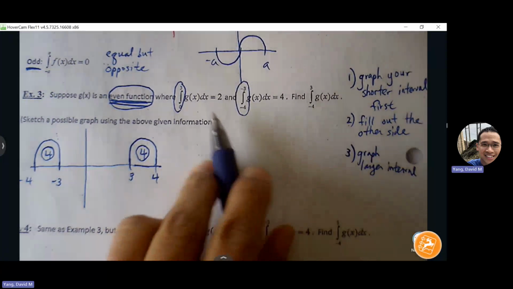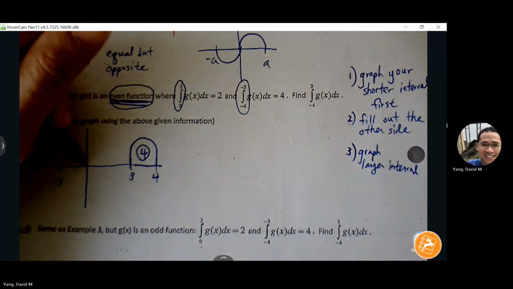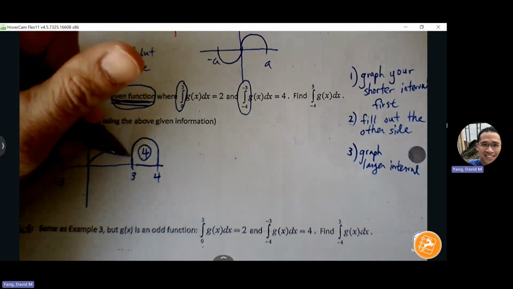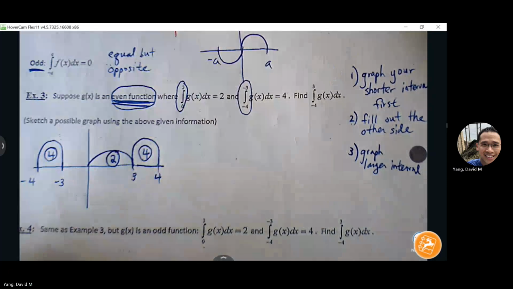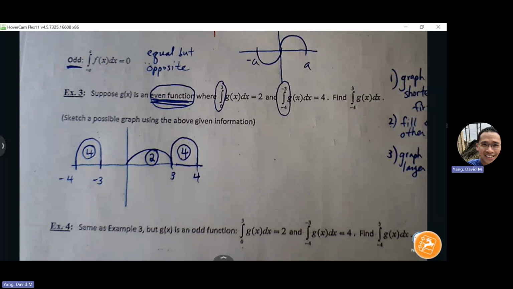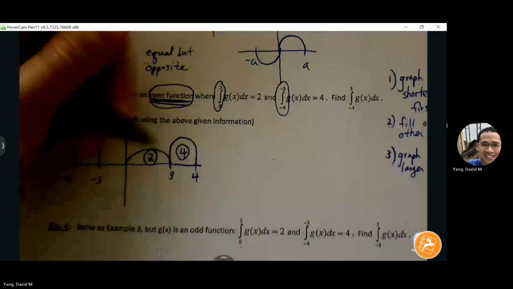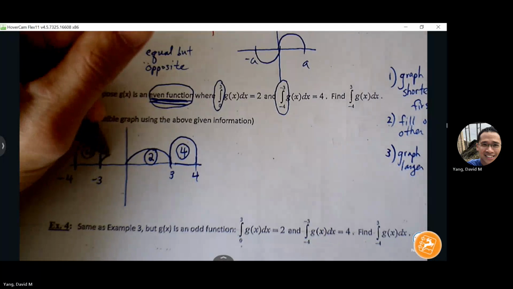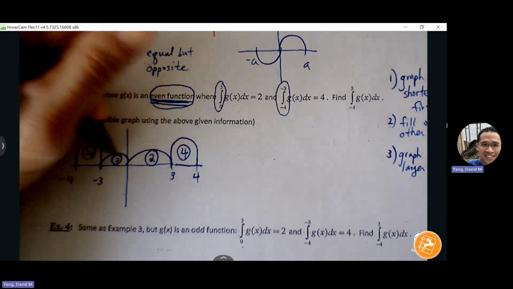So from 0 to 3, what is it? Above, so right up 2, above the x-axis. And if this is true, then can I fill out the other side also? Yeah, -3 to 0 is going to be also 2.